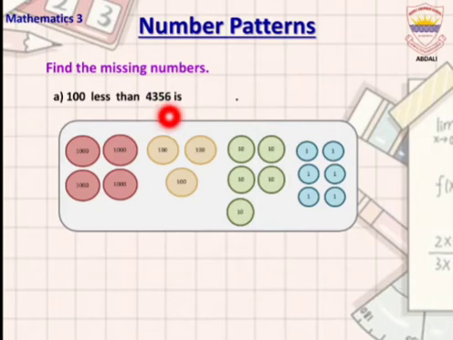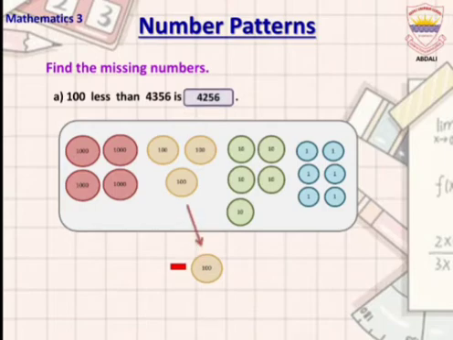Now students, we take away 100 from the number disks of hundreds. We take away 1 disk of 100 from the 100 number disks. We have 3 number disks of 100. When we take away 1 number disk of 100, we get 2.